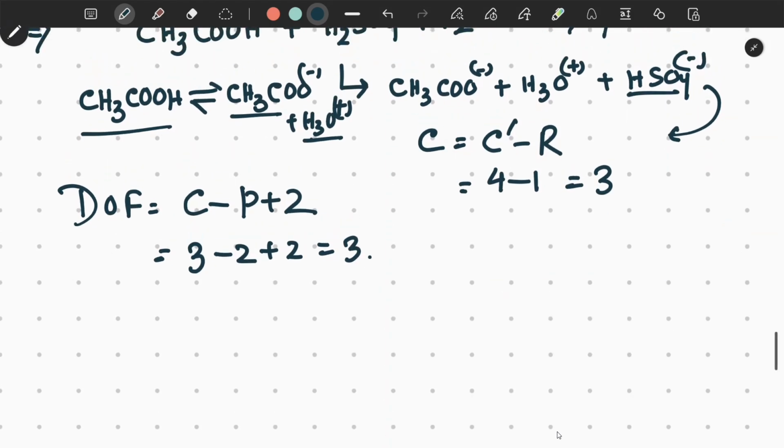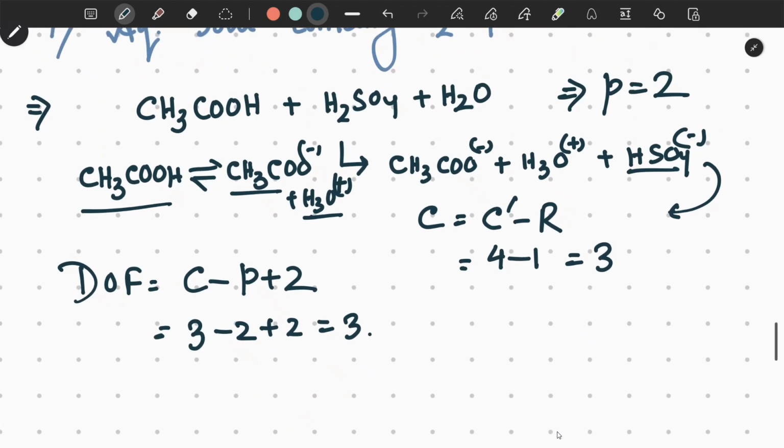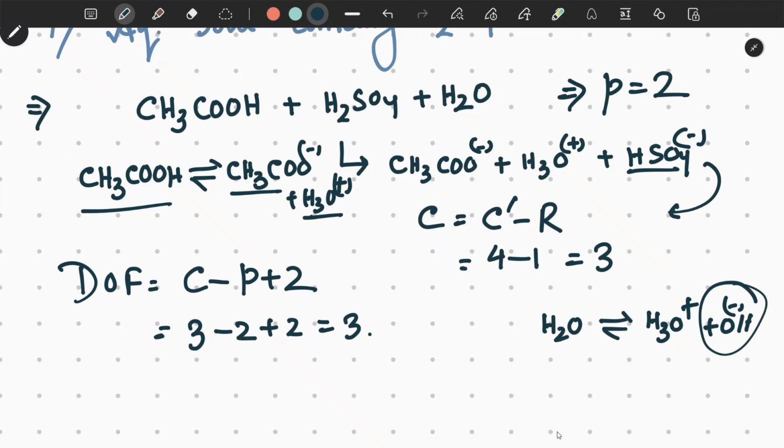If you want to consider the water here again, extra water, that means here will be H2O. So this is not a new species? This is a new species only.